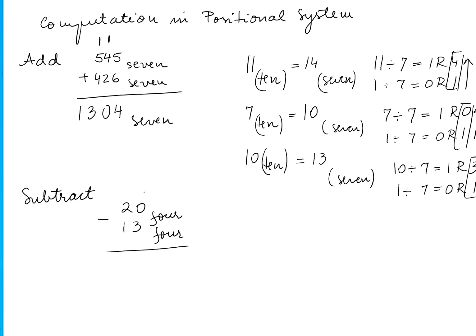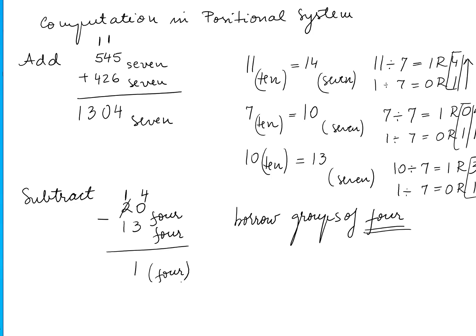So when we borrow, we don't borrow tens anymore, we borrow groups of 4, because the base is 4. So then when we borrow from here, this becomes 1, and here we borrow the 4. So 4 minus 3, it's 1, and 1 minus 1 is 0. So we got 1 in base 4.